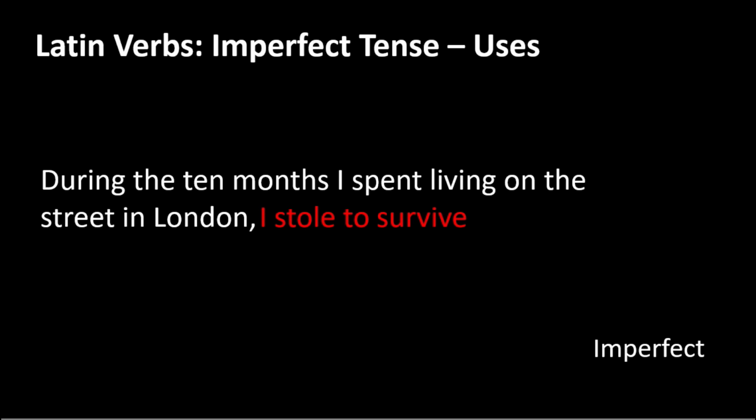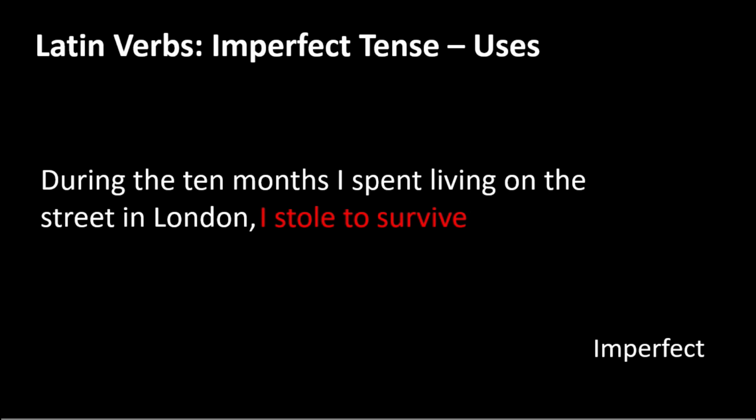And in order to survive, I didn't steal once. I didn't steal a meat pie in January and then make it last until November. No, I may have stolen every day. I may have stolen several times a day. I stole to survive over an extended period. Therefore, stole here is an imperfect tense.